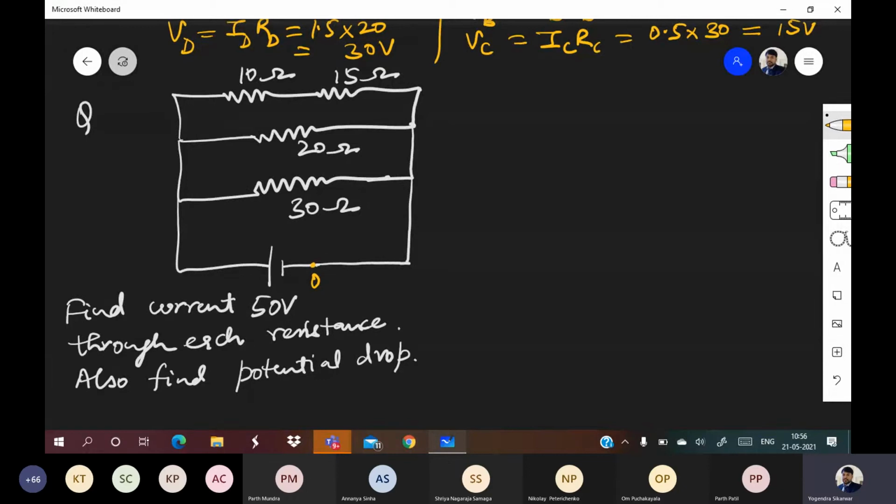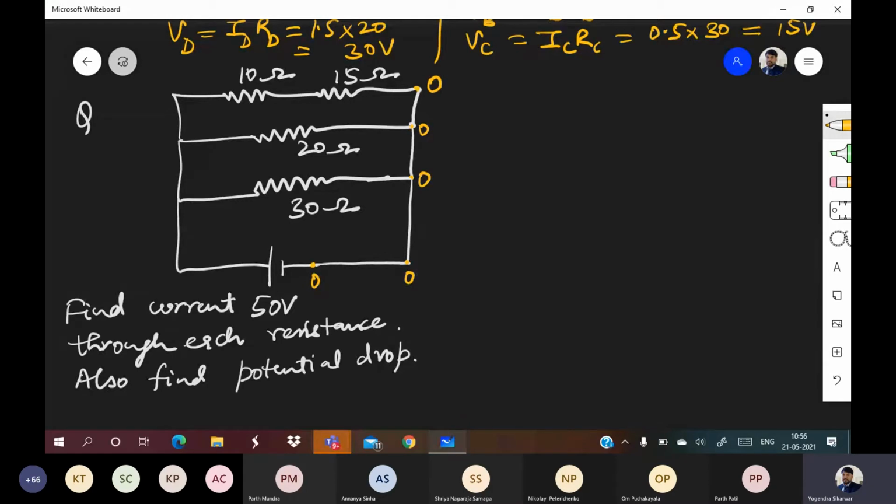If this is 0, this will also be 0, and this and this will also be 0, because all these points are connected by a plain wire. There is no resistance in between, so there is no potential drop at all between these points.